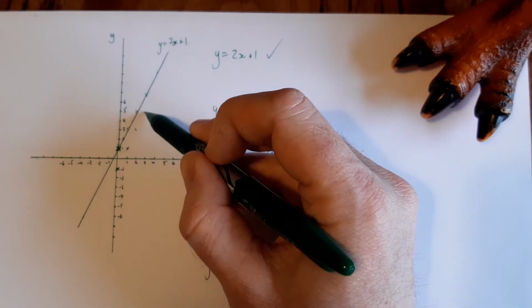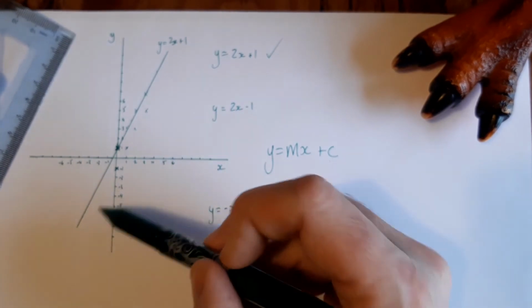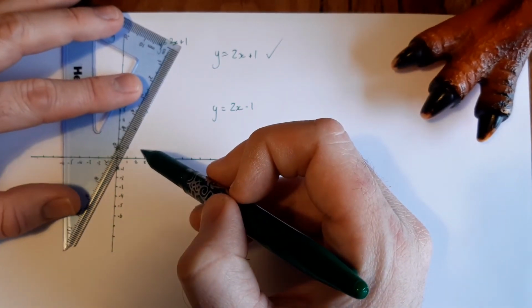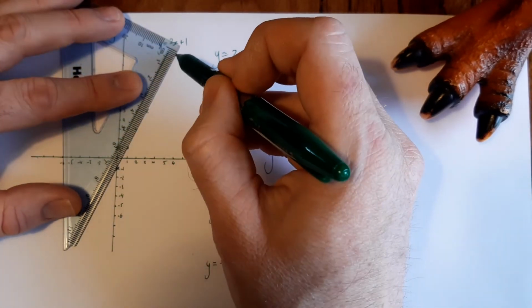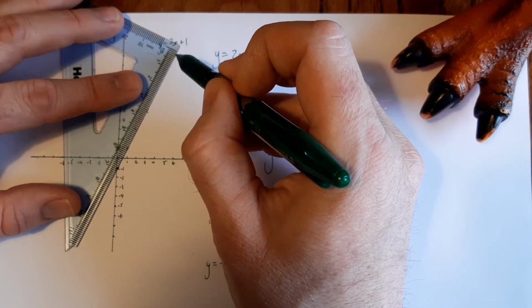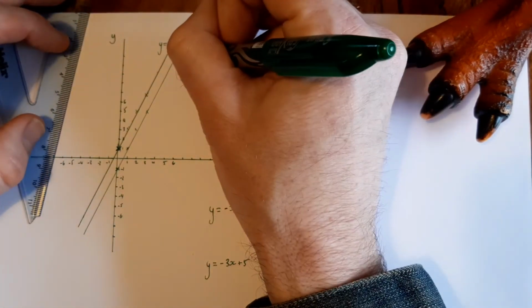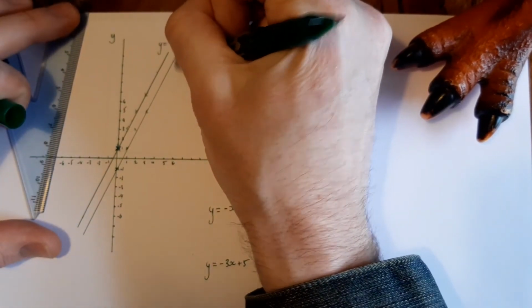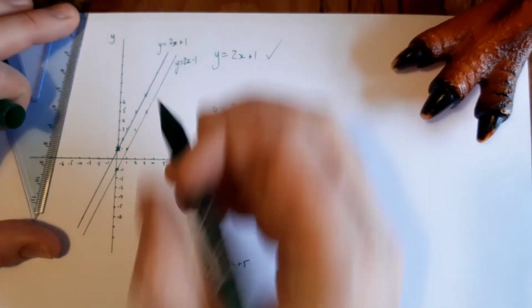Up 2, across 1. We should find that this one, if I've done reasonably well, is y equals 2x minus 1.